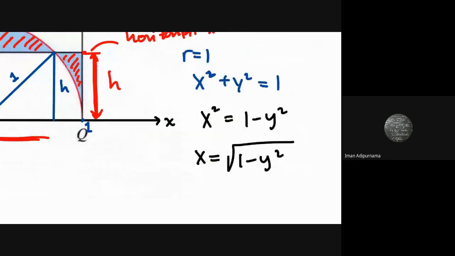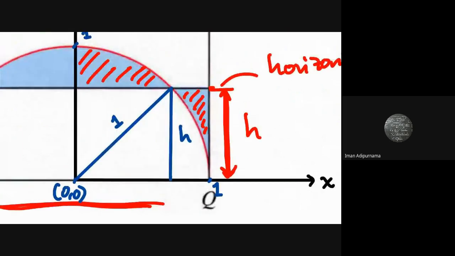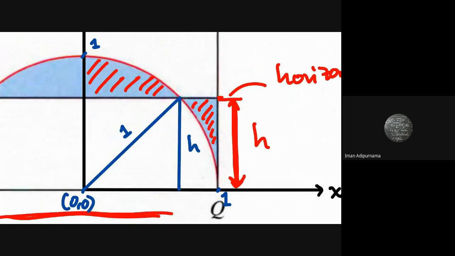Because if we use dy, we get the height directly, right? This will be h, this will be 0. So we can use 0, h, and 1 as our three endpoints in our integrals, right?